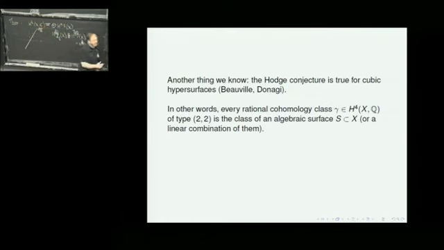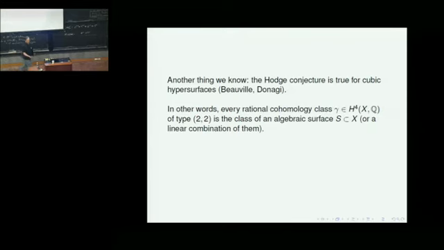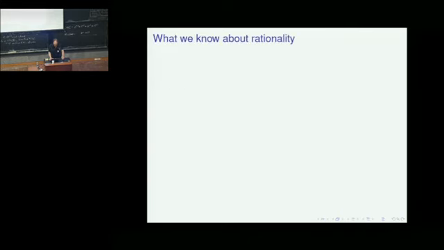So we're only going to use the elementary fact that the algebraic cycles are contained in the intersection of the integral cohomology with the H22 subspace. But it's good to know that we have the full strength of the Hodge conjecture for cubic fourfolds. All right, so that's the base background on cubic fourfolds.